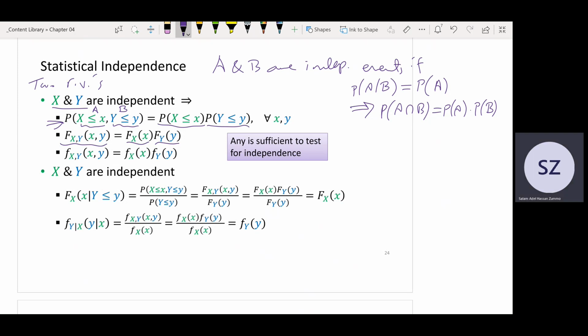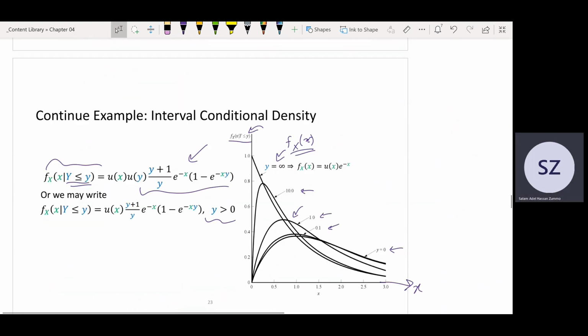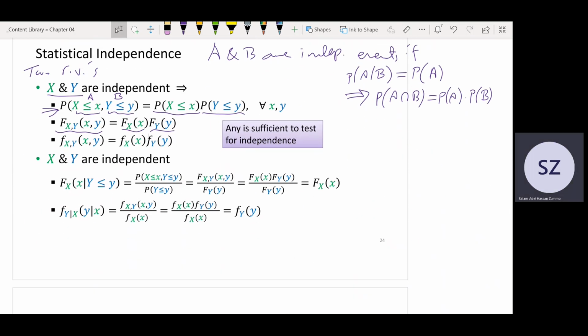Okay? So the joint CDF can be decomposed. Let's continue with the PDF, then come back. Now if you differentiate this with respect to x and y, you will find that the joint PDF of x and y equals the product of the marginals.